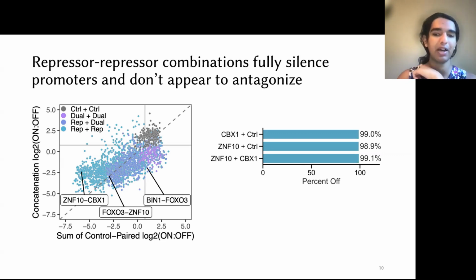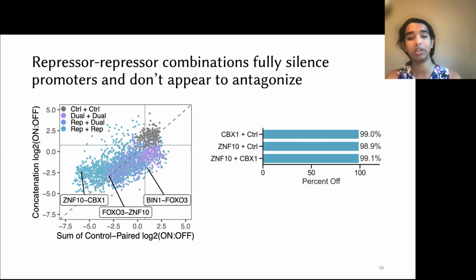And we're working to figure out if that linear behavior you see in the graph holds up, especially when looking at weak repressor domain pairs. But overall, the observation here was that repressor combinations generally work really well to silence the PEF promoter, and they don't appear to antagonize each other in the same way that we saw activator pairs do.